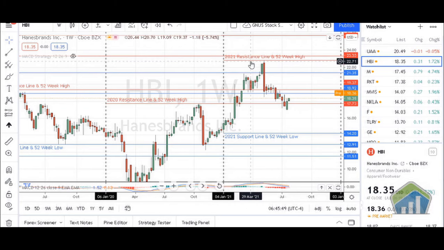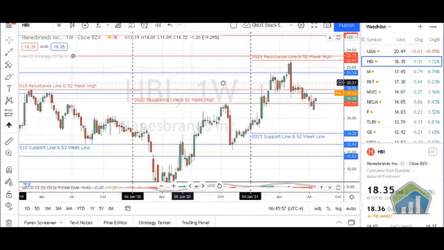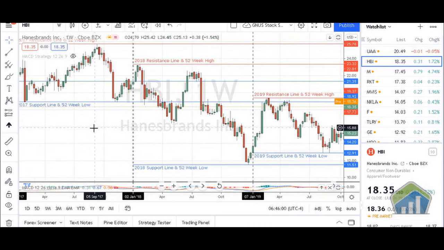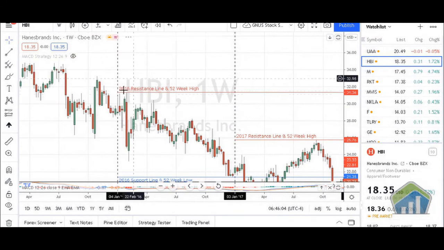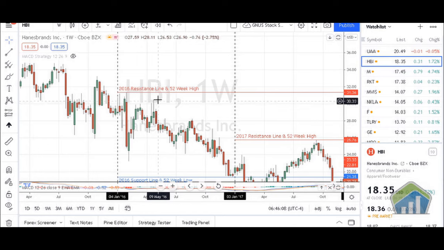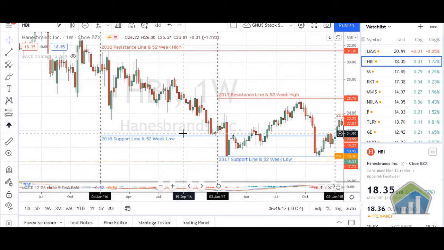And we have our 2021 resistance line and 52-week highs. So we like to mock it up for 52-week highs and 52-week lows, as you can see right here. So what we're going to do is kind of push back in time to see, hey, how high was it back in 2016, right? So we didn't go all the way back. We just stopped at 2016. So 2016, we were high at 31.36. We had a low right around the 21.35 range.